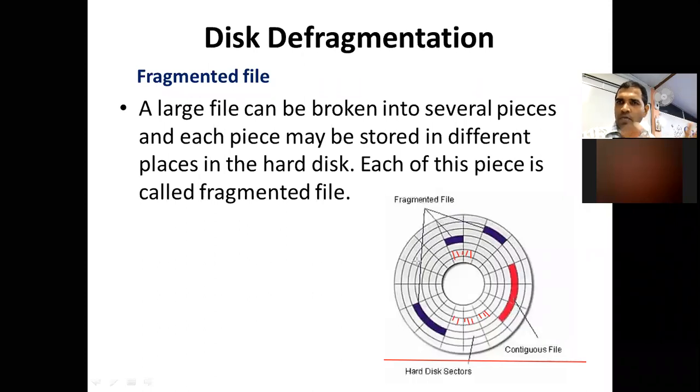Does your platter have continuous spaces for storing your video? No. But definitely your platter has space for storing video. But the problem is there are no continuous cells or continuous spaces for storing your video.